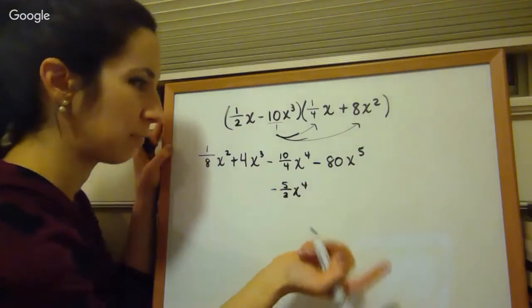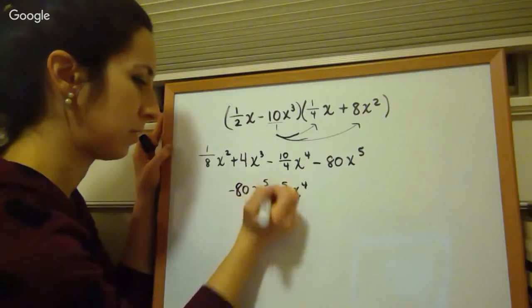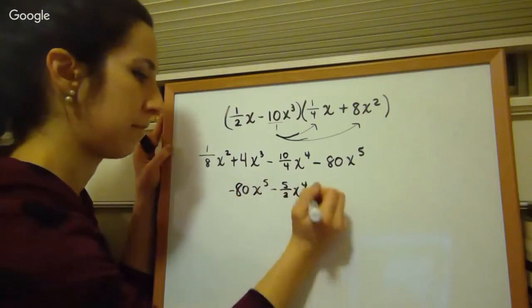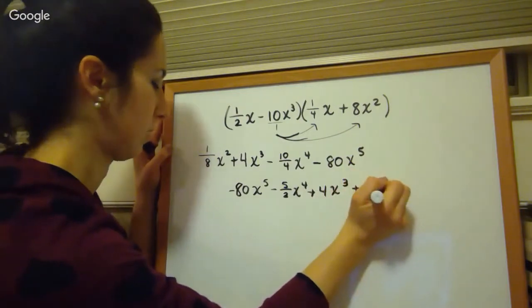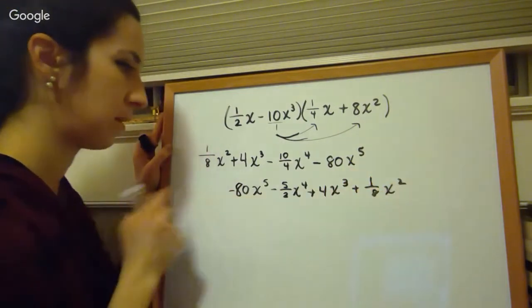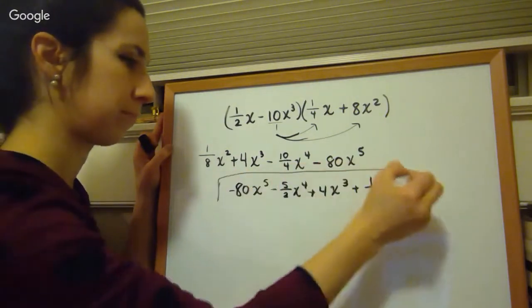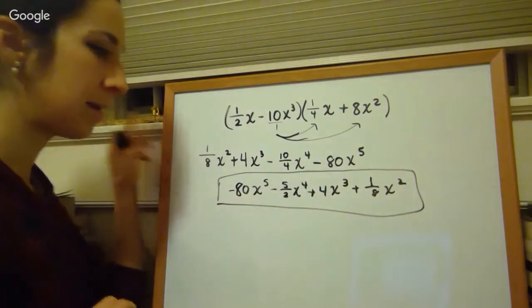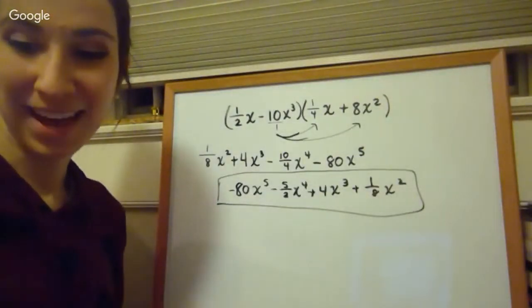And I kind of want to put this in descending power form, not that you have to, but I want to do 5, 4, 3, and 2. Either one is fine. Actually, you should reduce this, but there we go. Not so pretty to look at, but hey, it's the answer.